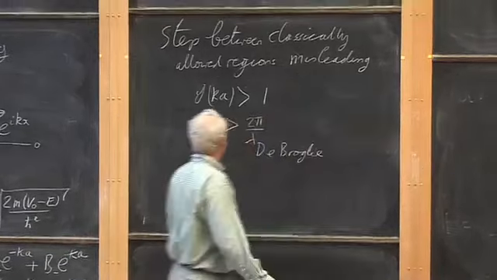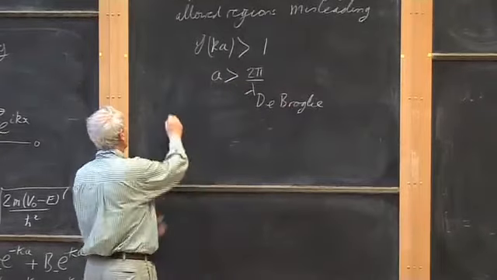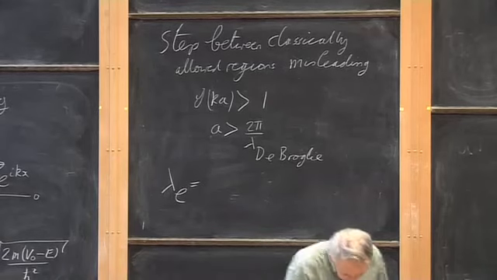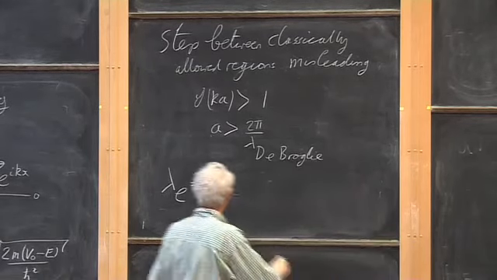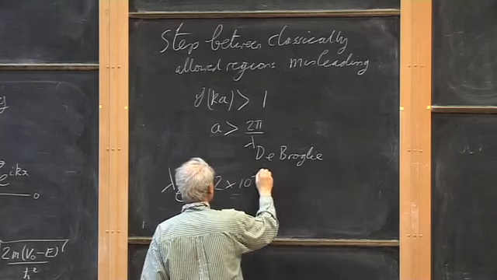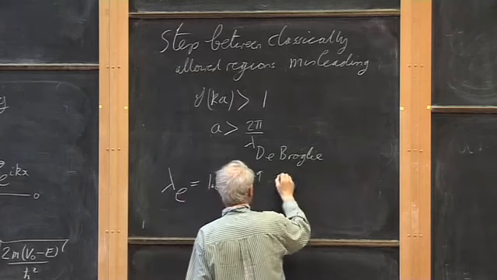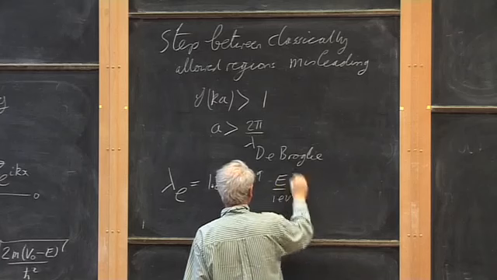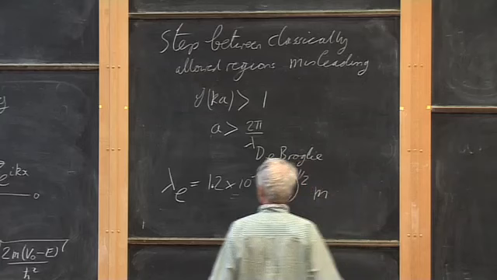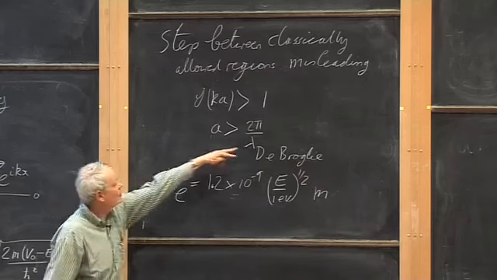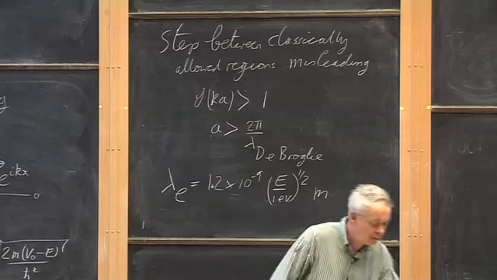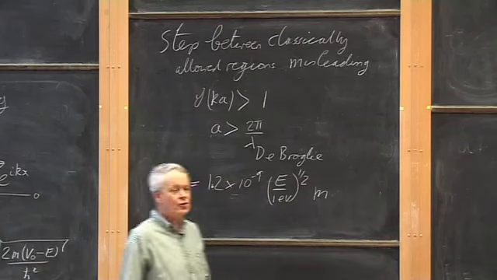If you ask, so what's the de Broglie wavelength for an electron? The answer is that it is on the order of 1.2 times 10 to the minus 9 times energy over 1 eV to the half meters. So this is the de Broglie wavelength for an electron, and I mentioned electrons obviously because they're things that we do fire around our laboratories.